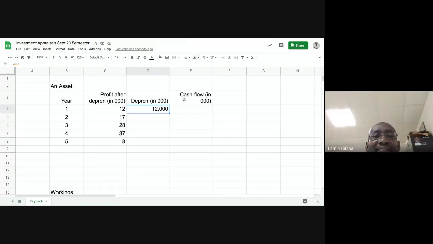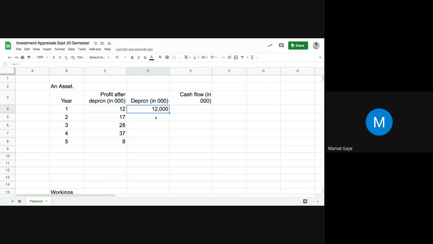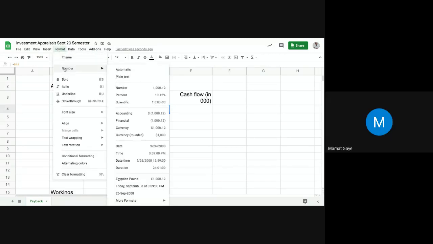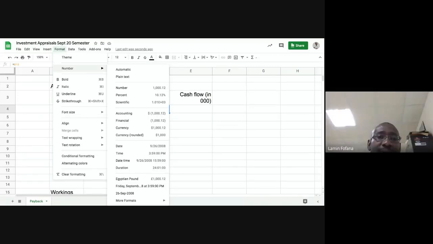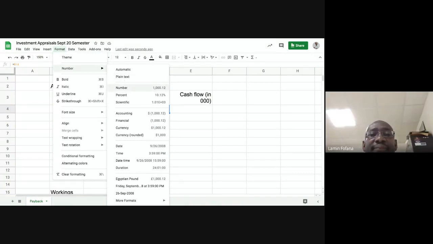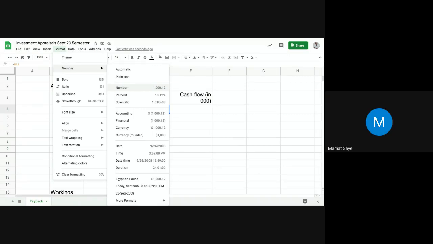Then you go to numbers. I go to number, then you select the number. Number in thousands. Yes, in thousands. Then click there. Then after you go back to remove the one.